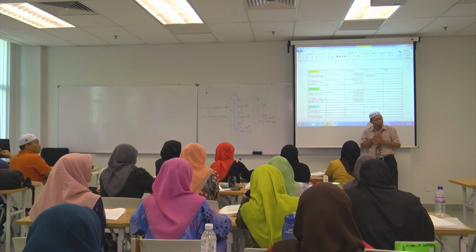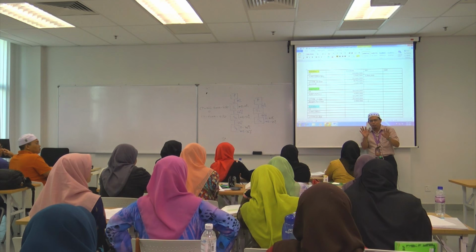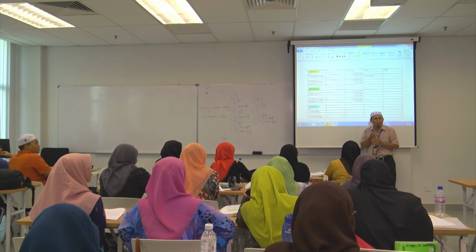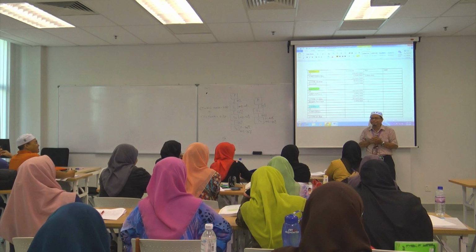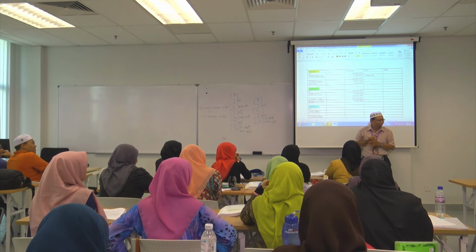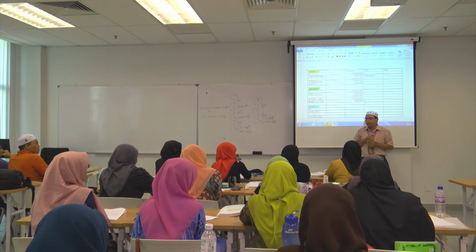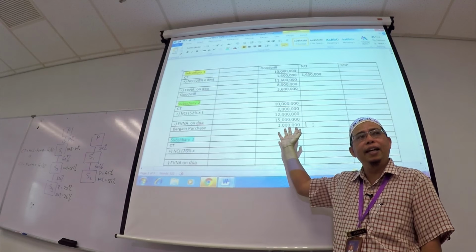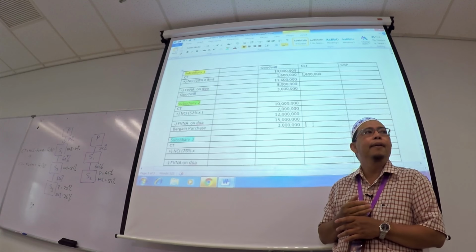Many still will say goodwill. I think the one who did not say anything also says goodwill. Why? Because it's good, or because goodwill is an asset. Actually no. Bargain purchase is better, because bargain purchase is a gain on that acquisition.